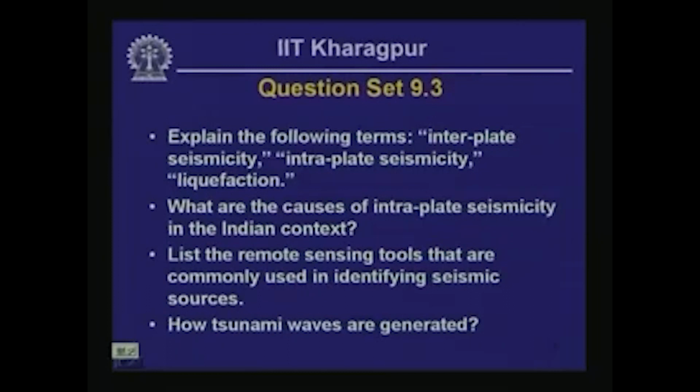The third question that I asked was, list the remote sensing tools that are commonly used in identifying seismic sources. The tools that are commonly used are LiDAR, light detection and ranging. We talked about this particular remote sensing procedure sometime back in this course, very briefly. There is another tool that is also used in this context, IFSAR, that is interferometric synthetic aperture radar.